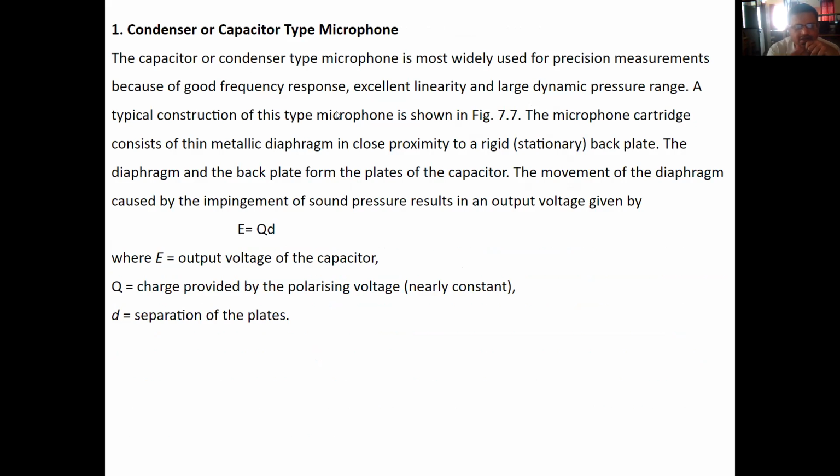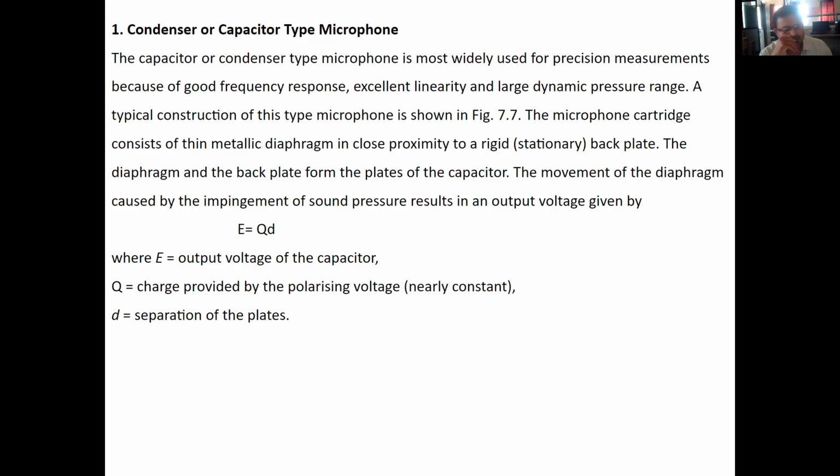The capacitor or condenser type microphone is most widely used for precision measurements because of good frequency response, excellent linearity, and large dynamic pressure range. A typical construction of this type of microphone is shown in the figure. The microphone cartridge consists of a thin metallic diaphragm in close proximity to a rigid back plate.